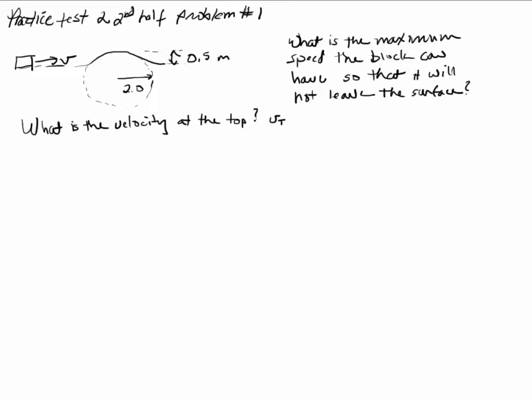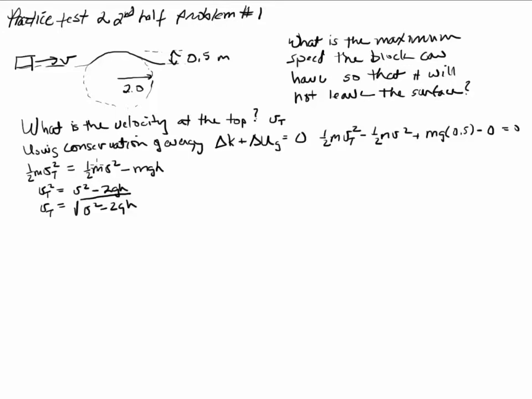So our conservation of energy equation states that the change in kinetic energy plus the change in potential energy must equal 0. We know what the initial velocity is, that's just v. The final velocity is vt for v at top.